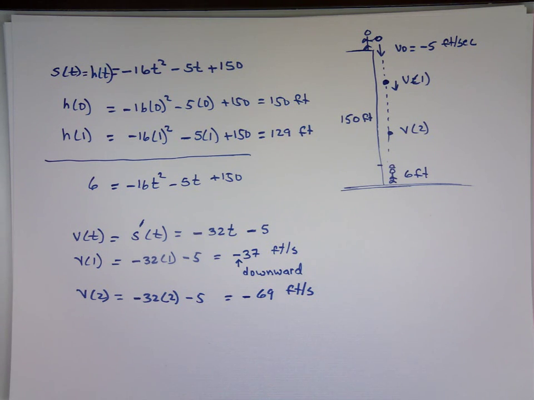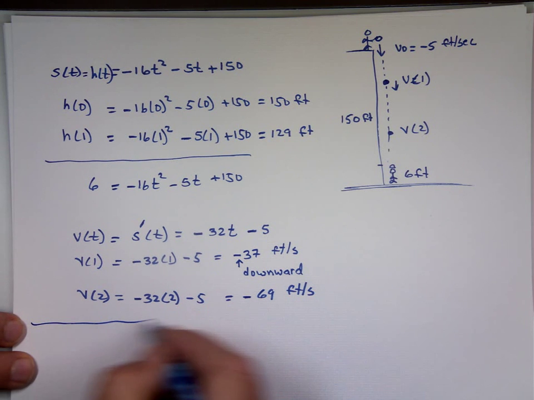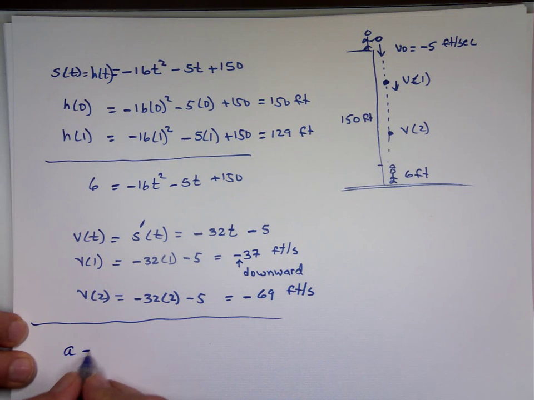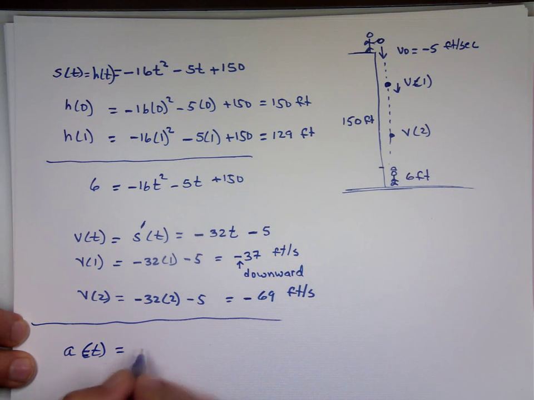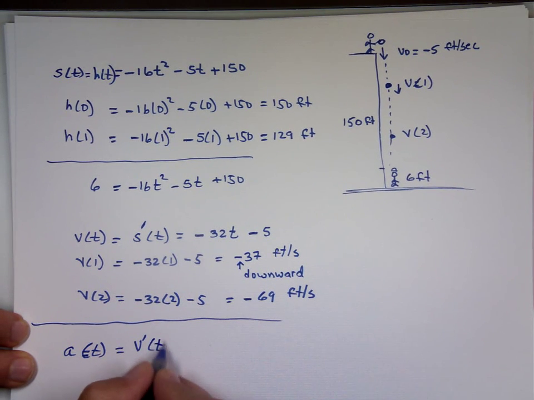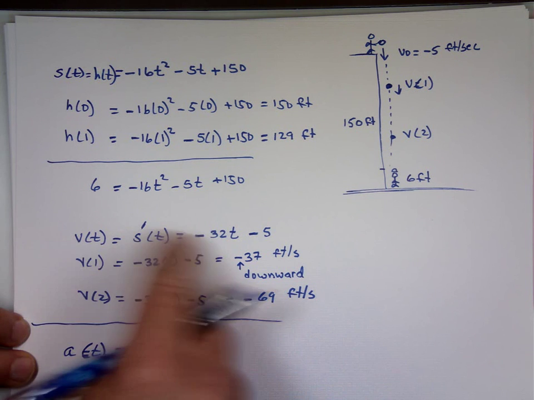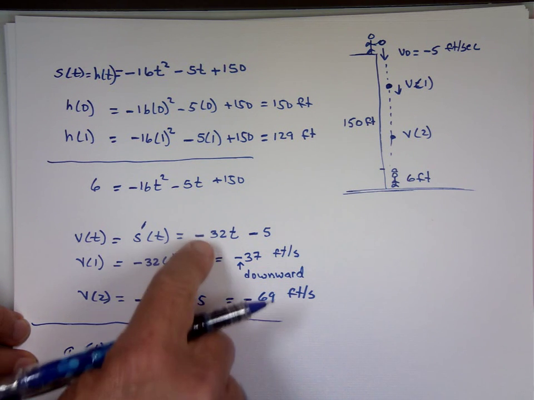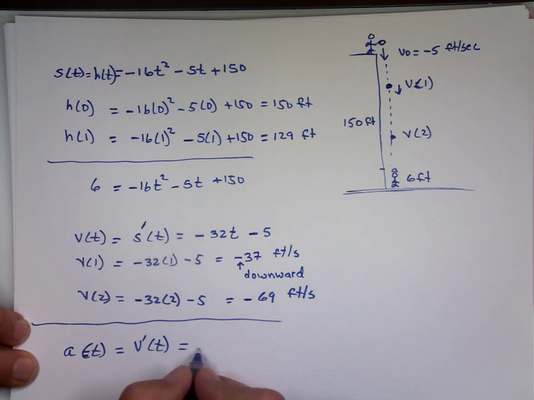We can also tell you what the acceleration is. Acceleration is the derivative of the velocity. So take the derivative of that. What's the derivative of -32t? -32. Minus, what's the derivative of 5?